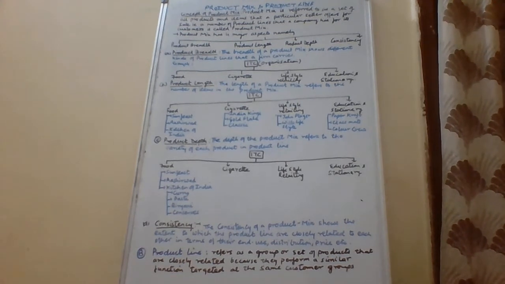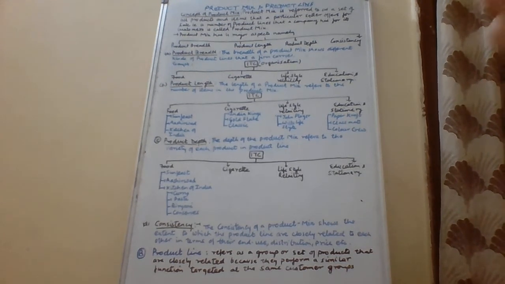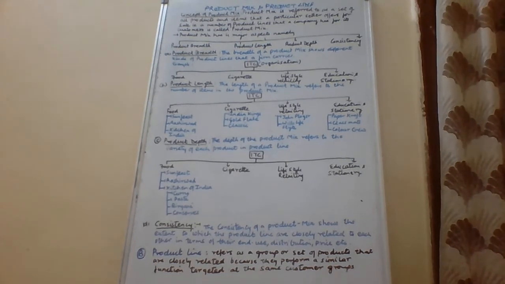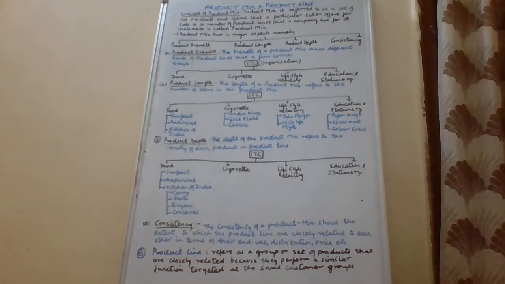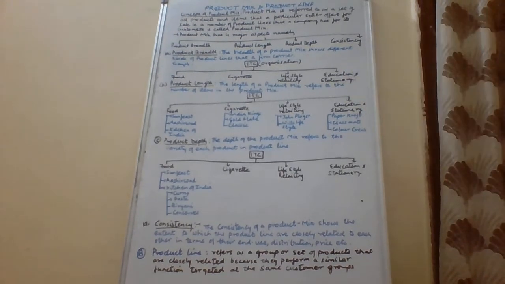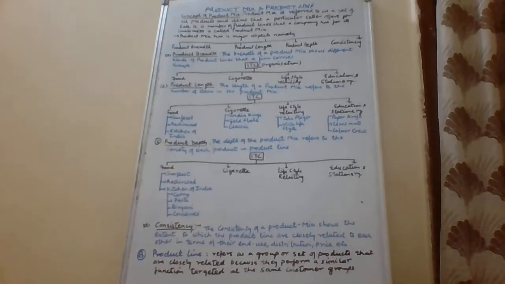So again, a company may or may not decide. In case of ITC, for example, I have taken Sunfeast, Aashirvaad, Kitchen of India, and other product categories also. I have taken these three, and in Kitchen of India again, they are into depth as to how many other categories they have.